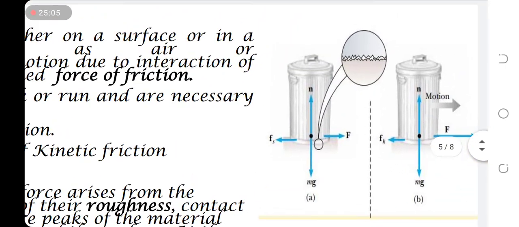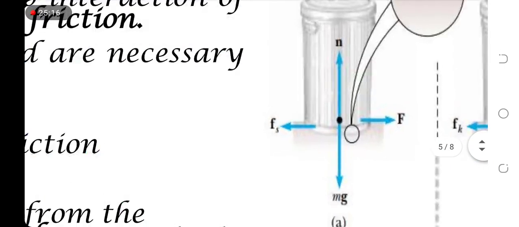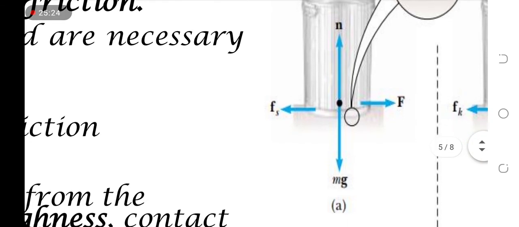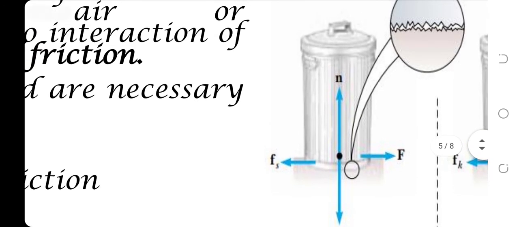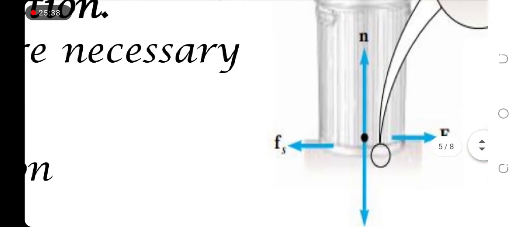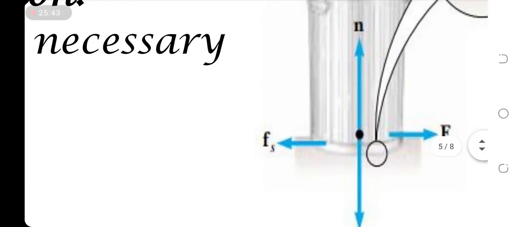We see from the diagrams some can is to be slid on the surface. Two forces are acting on the can as it is at rest, that is the weight acting downward, and the normal force acting upward. When an applied force F towards the right is acting, friction force Fs is produced that is acting in the opposite direction to the applied force.